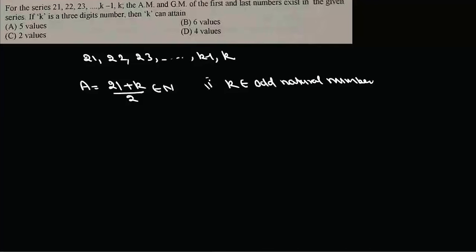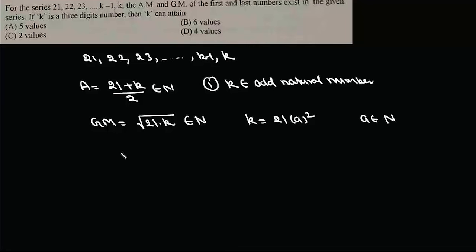So that's our first condition. Now if we write their geometric mean, it will be under root of 21 into k. Now this again should be a natural number, and it will be a natural number if k is of the form 21 into a square, where a is a natural number, then its geometric mean will be 21 into a, which will lie in this series.